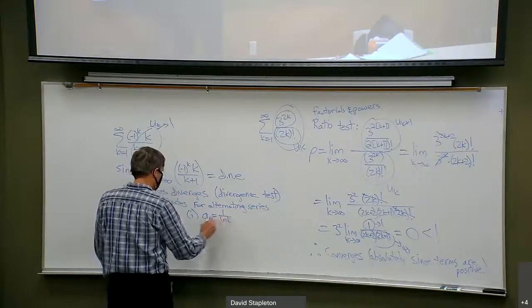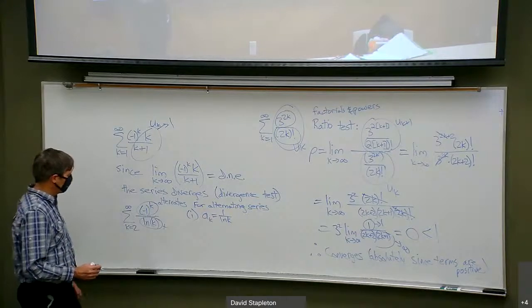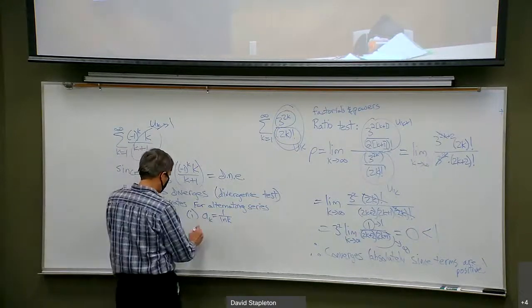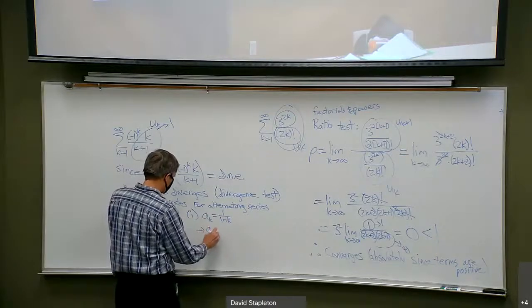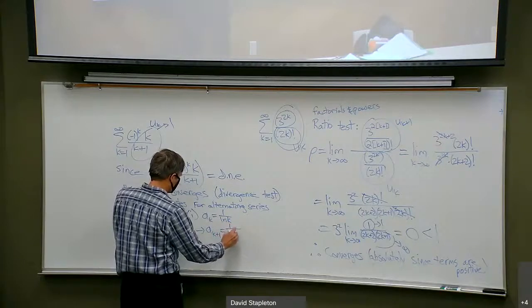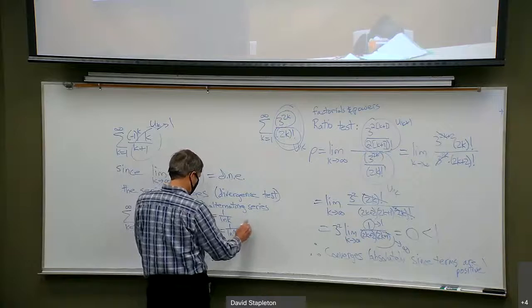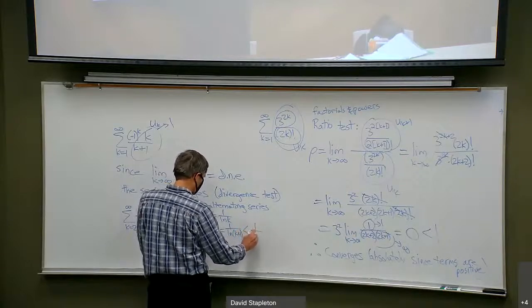Leave off the minus 1. And you need to show that a_(k+1), which is 1 over ln(k+1), is actually smaller than 1 over ln k. Why?